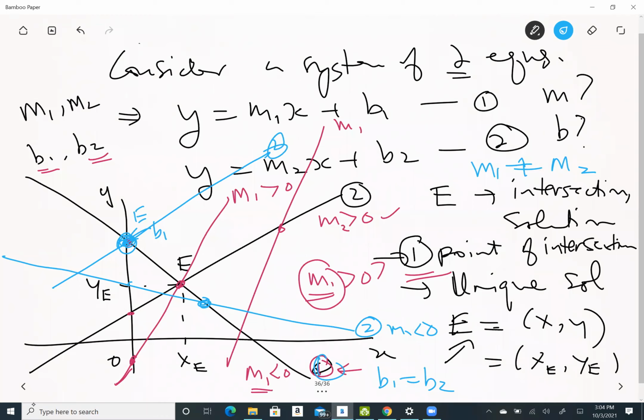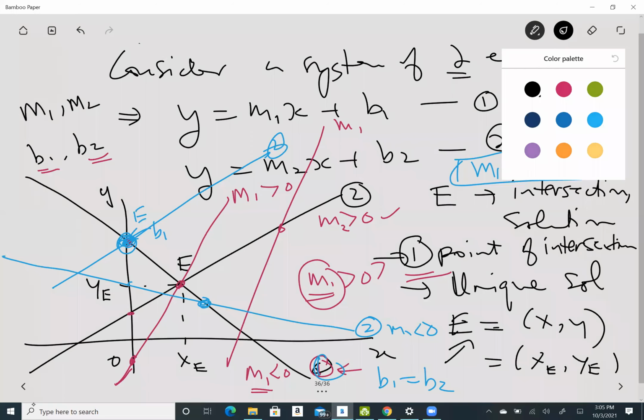So you don't need any condition on the B. B can be the same, B can be different. The only condition is M1 is not equal to M2. So if you have a system with M1 not equal to M2, you know there is only one solution. Is there any question about this?